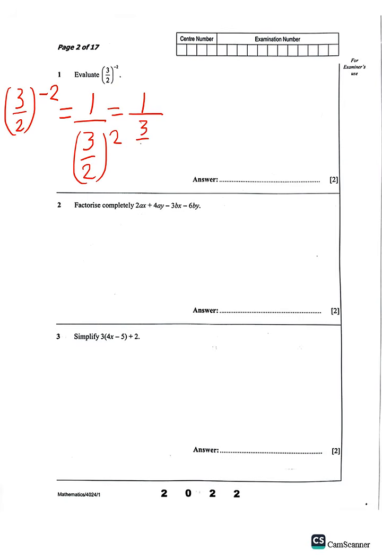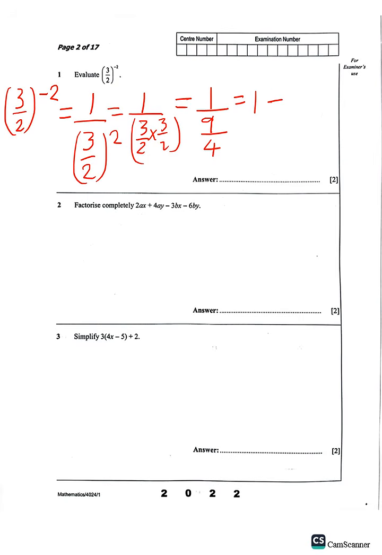This means 3 over 2 times 3 over 2, which is equal to 1 over 3 squared, 9, over 2 squared, 4. Now from there, what we are going to do is the division between 1 and 9 over 4.